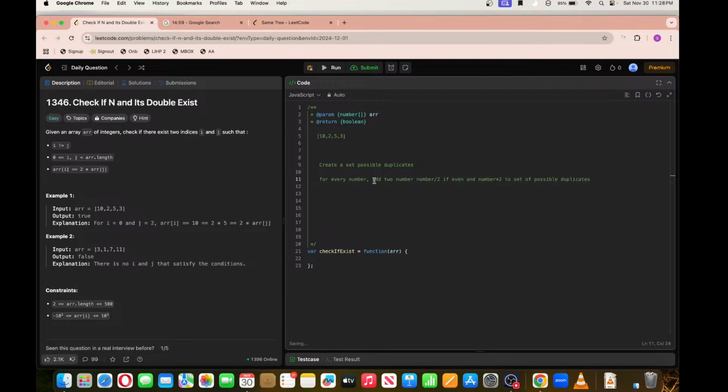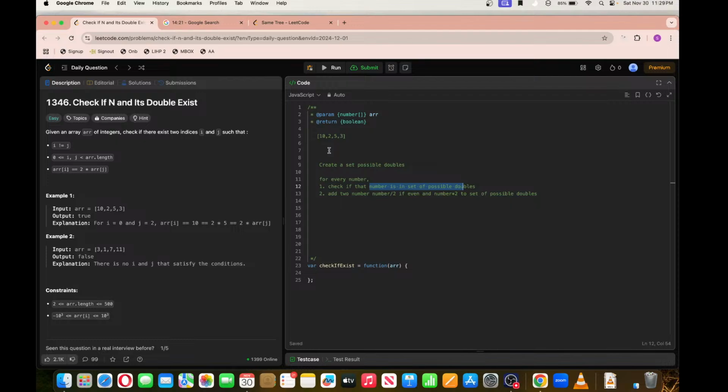I'll do two things. First of all, I will check if that number is in the set of possible doubles, because if it is, then it means that that number is a possible double of a previous number.